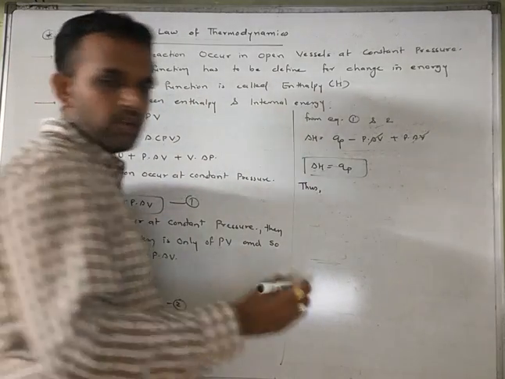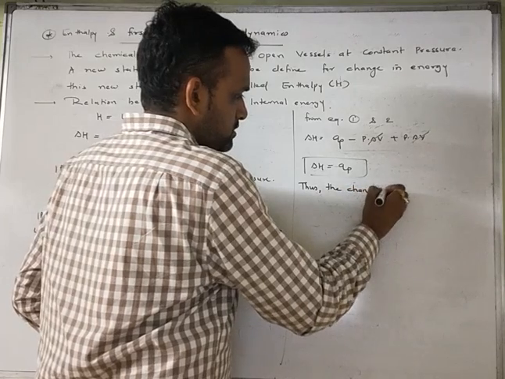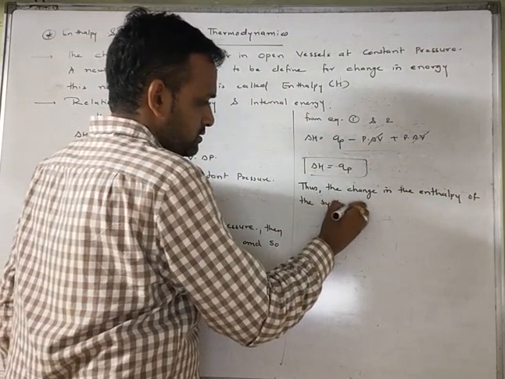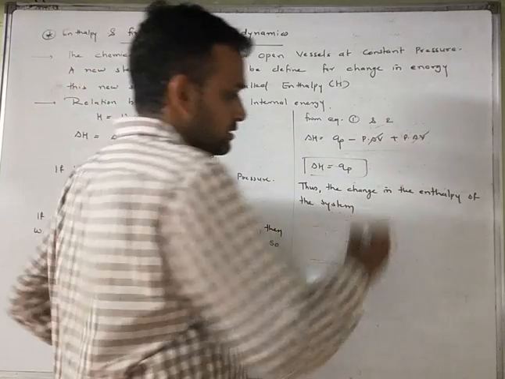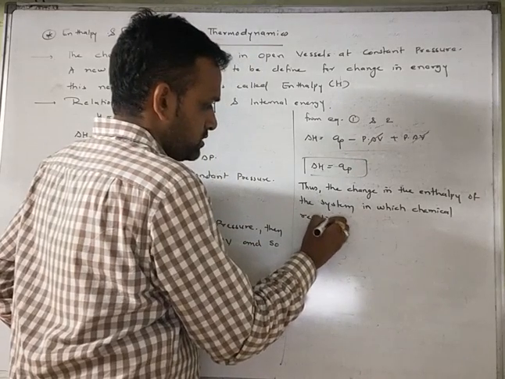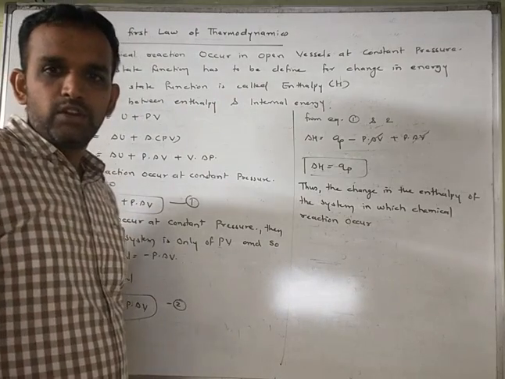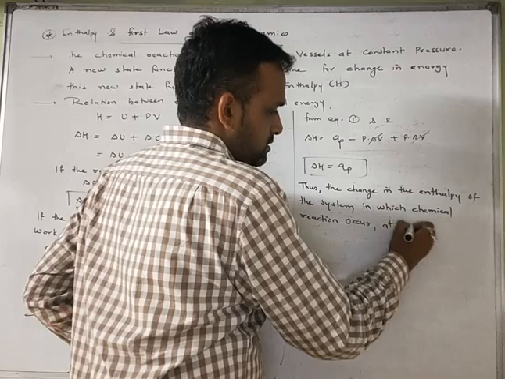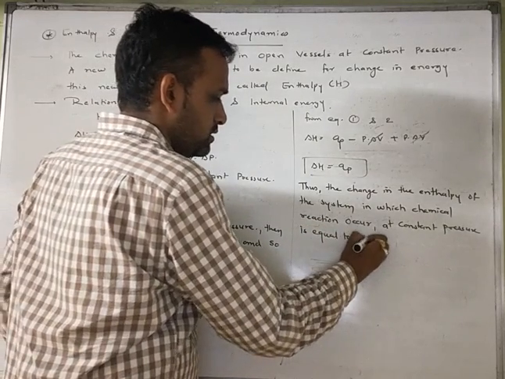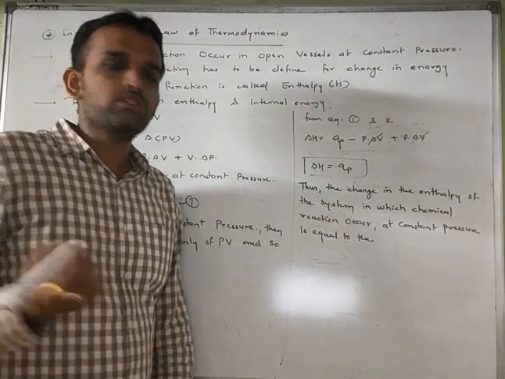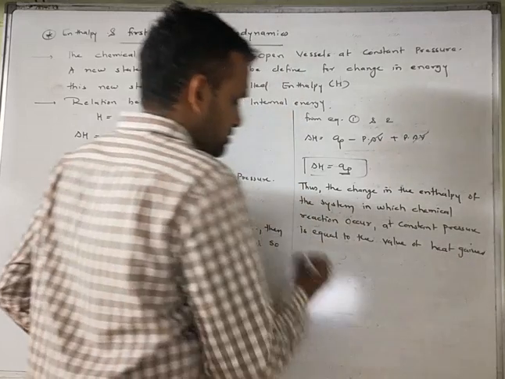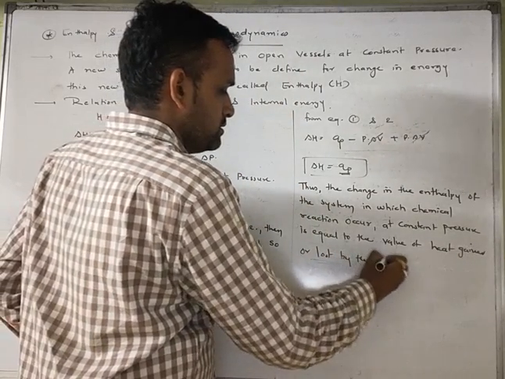So how you can define the change in the enthalpy of the system: the change in the enthalpy of the system in which a chemical reaction occurs, at constant pressure, is equal to the value of heat gain or loss by the system.